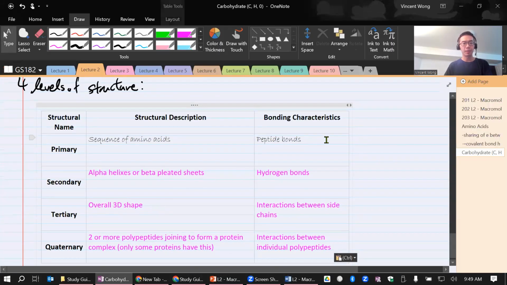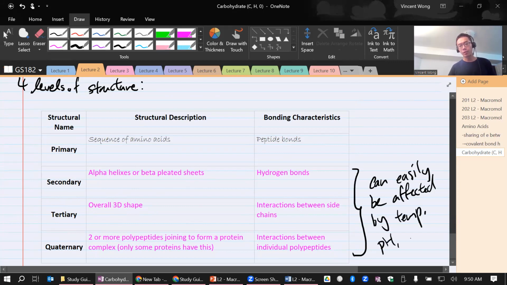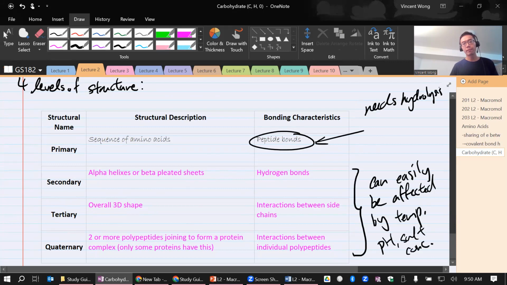I'm going to copy it here. I just want to remind you that these 3 levels, secondary, tertiary, quaternary, can easily be affected by temperature, pH, salt concentration, right? But the peptide bond needs hydrolysis to be broken down.